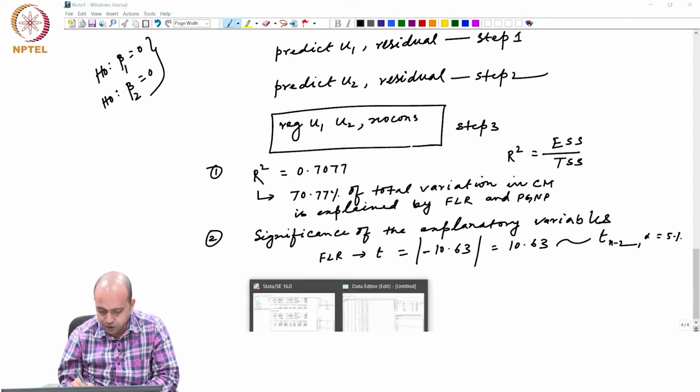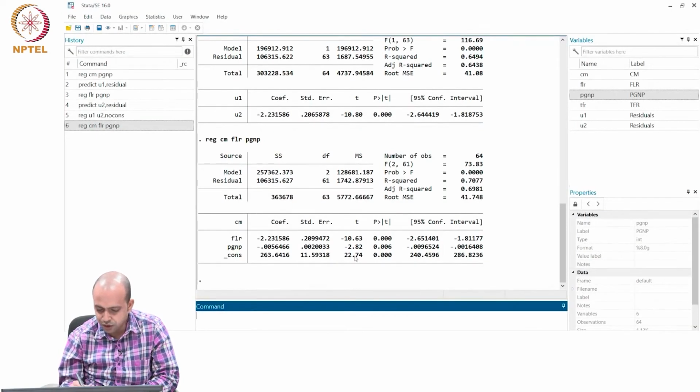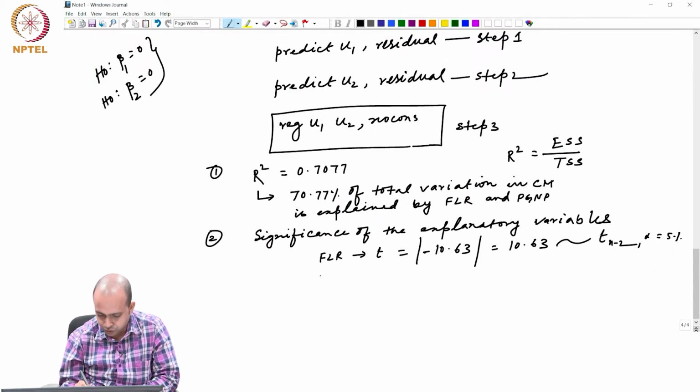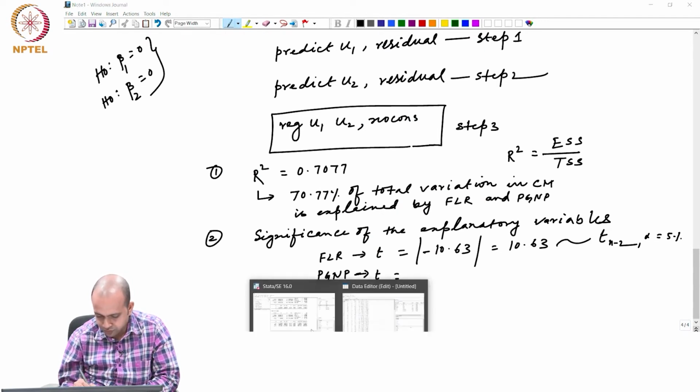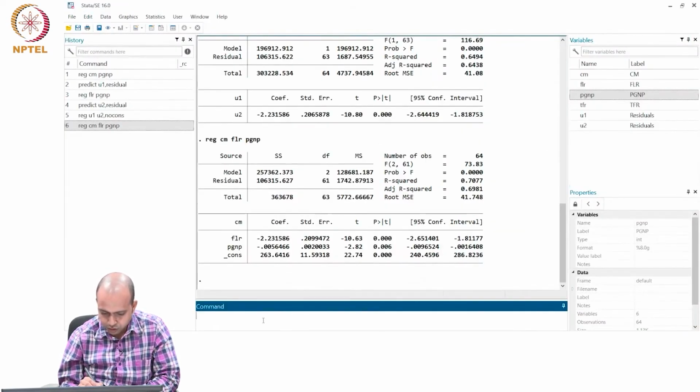Similarly, for the PGNP, what is the t value? Minus 2.82. So, that means for PGNP, minus 2.82.